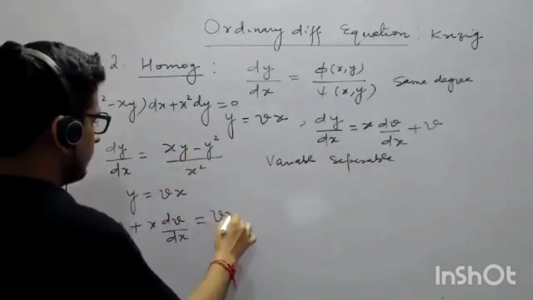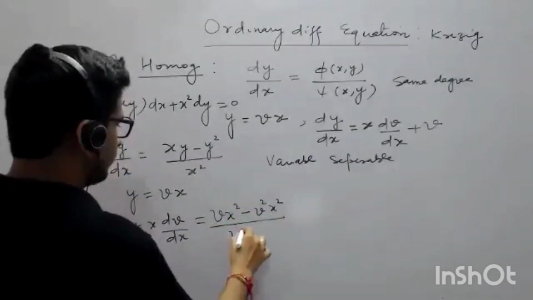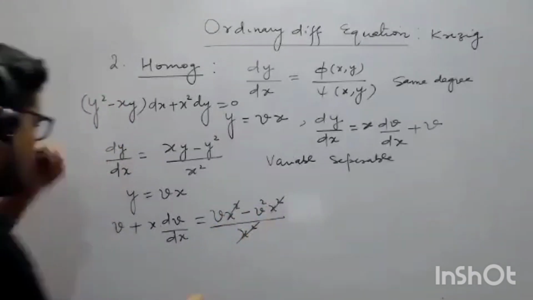What will it become? vx square minus v square x square over x square. So x square will be cancelled.